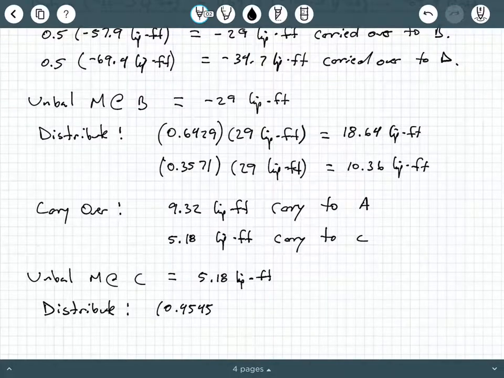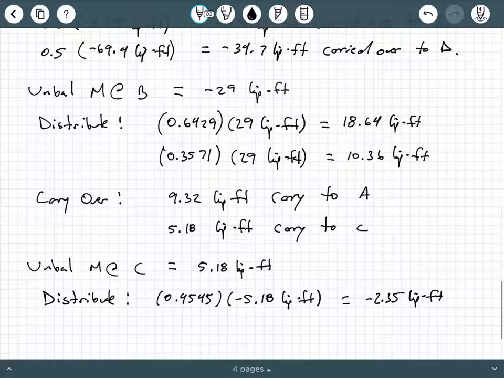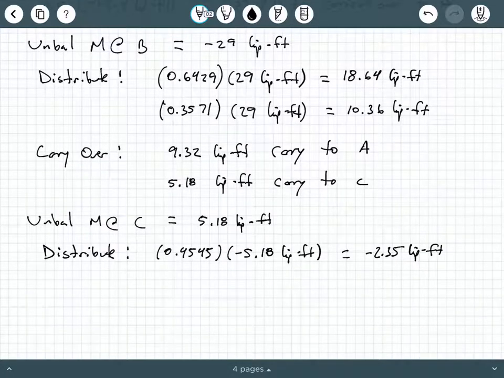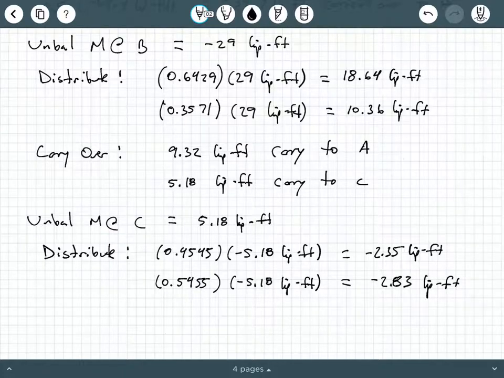So we're going to distribute 0.4545 times negative 5.18 kip feet, and that's negative 2.35 kip feet. And then infinitesimally to the right of C, we've got 0.5455 as a distribution factor times negative 5.18 kip feet, which equals negative 2.83 kip feet.